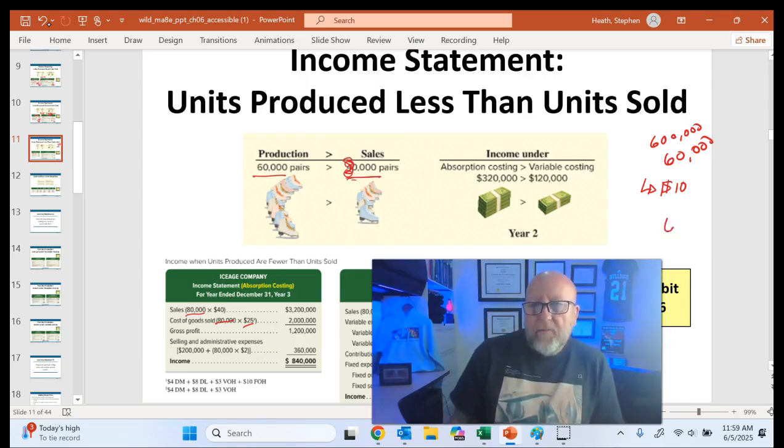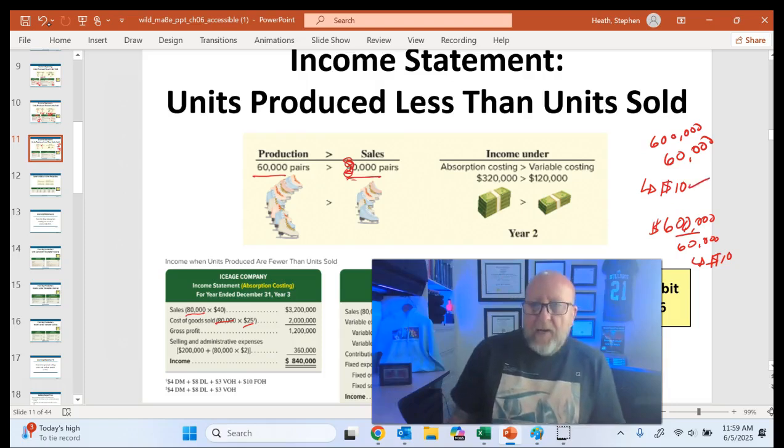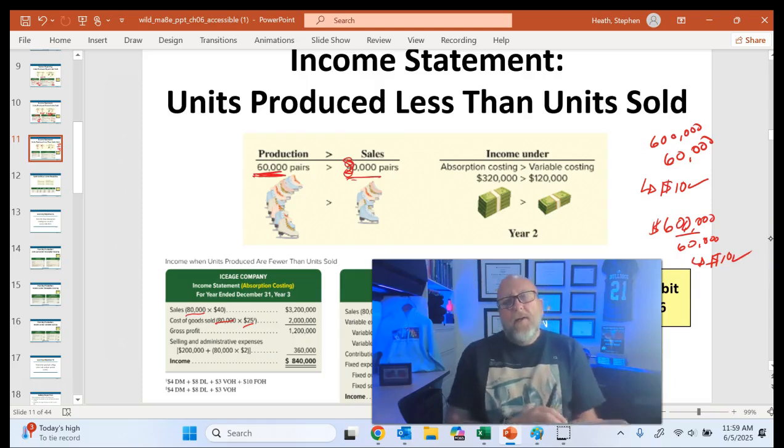Again, this period, fixed overhead is 600,000 and we're going to produce another 60,000 units. And therefore, again, the per unit fixed overhead price is $10. The reason why it's $10 last period and $10 this period is because each period we produced 60,000 units.